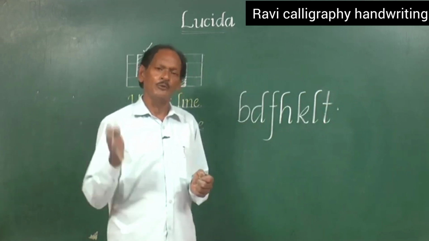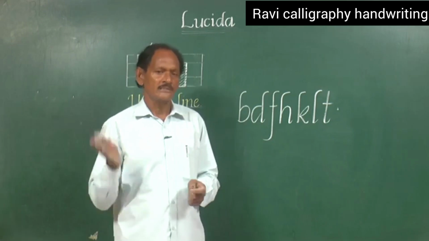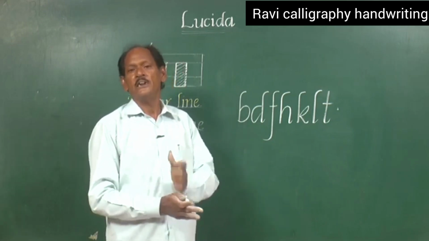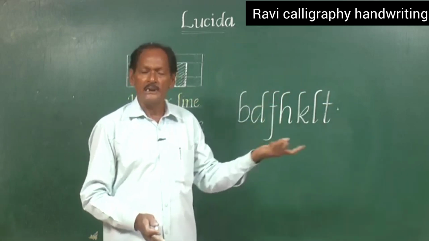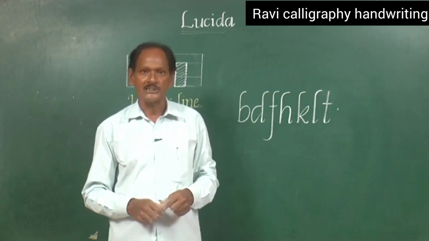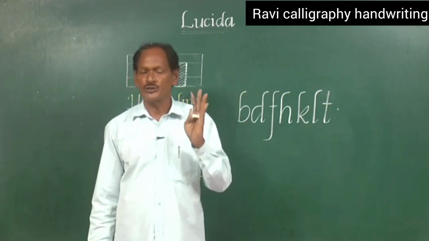Actually, practicing in 4 lines is the correct way of practicing the handwriting. That is why in our Sri Chaitanya the handwriting books are given with the 4 lines, even for the students of CBSE and the techno and non-techno students also. For all, 4 lines handwriting copybooks are given.